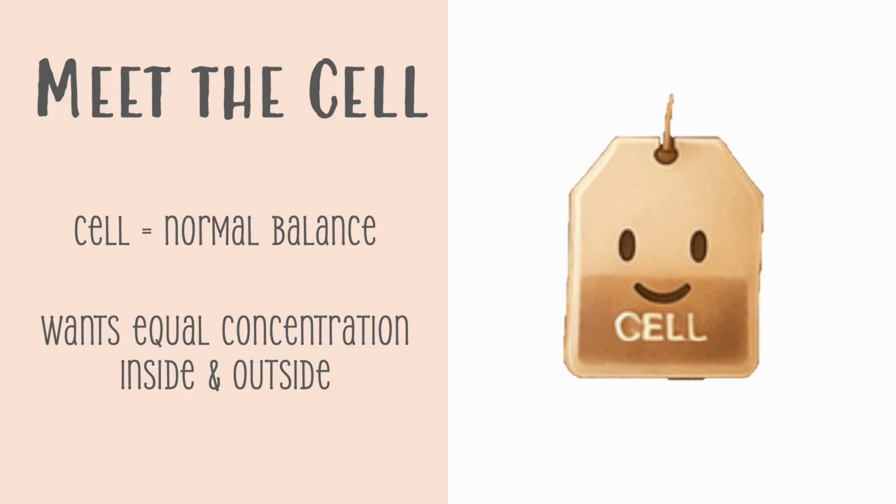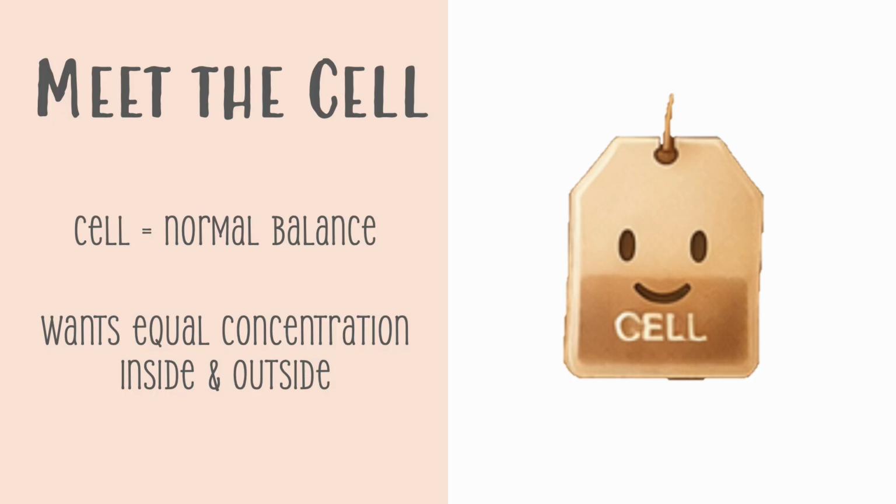So let's meet the cell. The cell is going to be the tea bag that's floating around inside of your glass of tea, helping to create that tea. Cell for us is going to equal normal balance. We always want a normal balance so that we have homeostasis within the body. What we want is an equal concentration on both the inside of the cell and the outside of the cell.